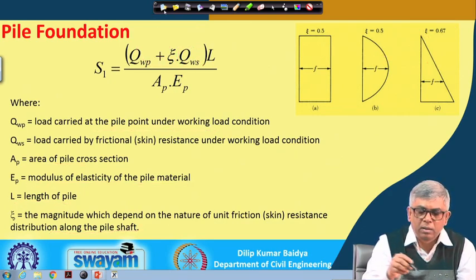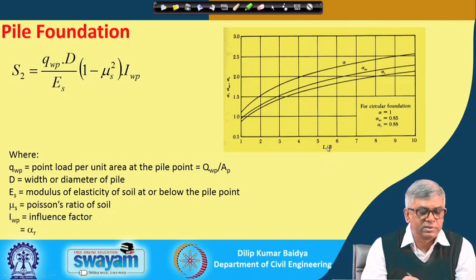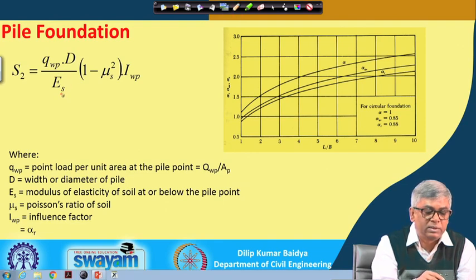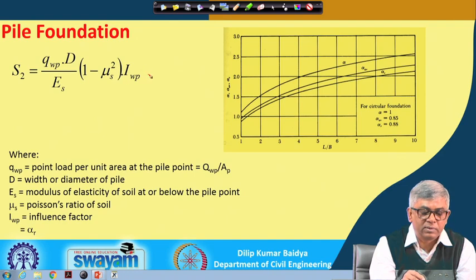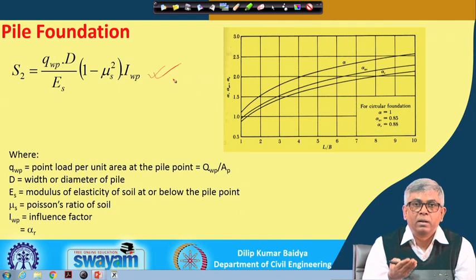Now, go to the next slide. This is S2, you can see the S2 actually gives the formula Qwp D by Es (1 minus mu squared) Iwp, that is actually your elastic settlement formula. If there is a loaded footing, then you know the elastic settlement.